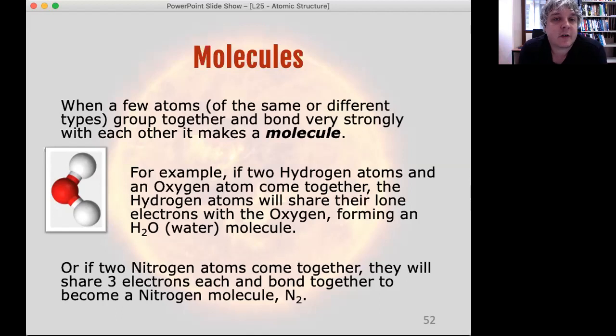If two nitrogen atoms come together, we get the same thing. We get an N2 molecule. They will share 3 electrons each, so they've got 6 shared electrons. They will form a little N2 molecule, and again, that molecule can become different states. Solid nitrogen is very difficult to create, but you can certainly create liquid nitrogen that is very cold, and you will have heard of that as a coolant. We use it in the lab occasionally.